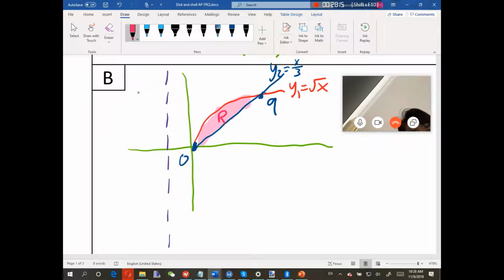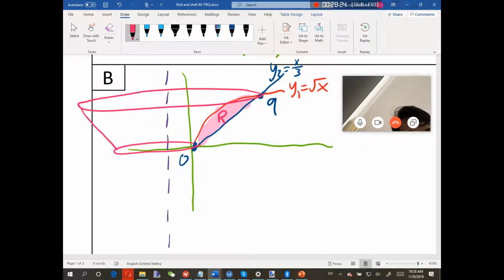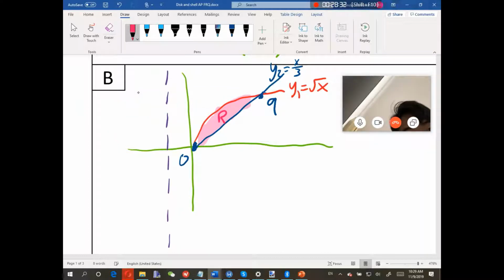After we spin that about the axis, I'm going to end up with a shape that looks like this. That's hollow. Okay. So how we're going to set it up is I'm going to have a box that we are going to constantly move from x equals 0 to x equals 9. So we'll build up infinitely many of these boxes, that we will spin around our axis of rotation to create this cylinder.